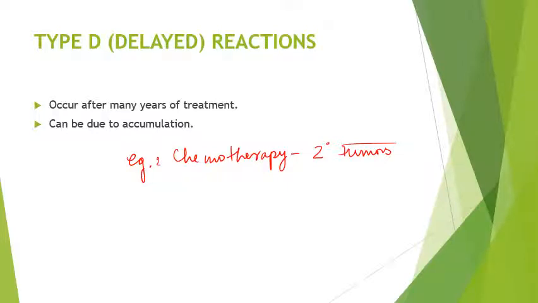This is the first example. The second one is of phenytoin. Phenytoin, when administered to a pregnant female, may cause teratogenic effects in the fetus. The third one is antipsychotic drugs.